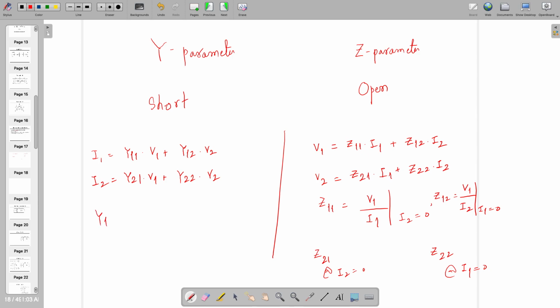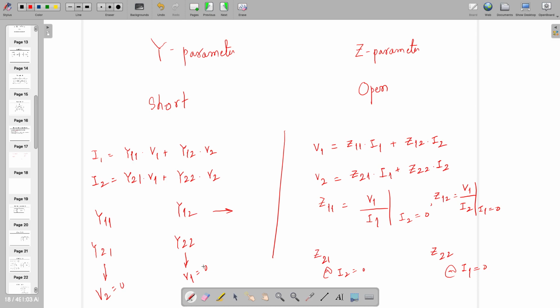When you want to find Y11, Y12 and Y21, Y22, these two parameters are found when V2 equals 0 and these two parameters when V1 equals 0, right?